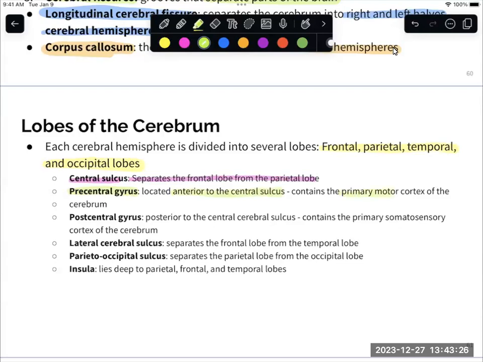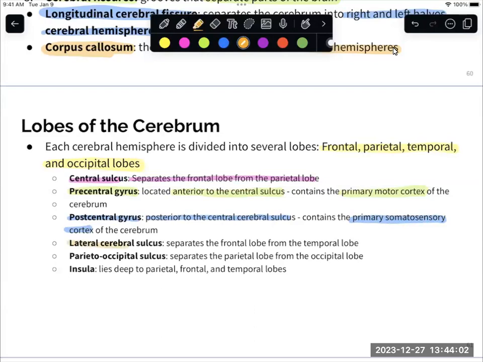This is the primary motor cortex. We have a postcentral gyrus just behind that central cerebral sulcus, and this is the primary somatosensory cortex. So any sensory information from the body is going up to the primary somatosensory cortex. Any motor output for movement goes through the primary motor cortex before it goes out to those muscles.